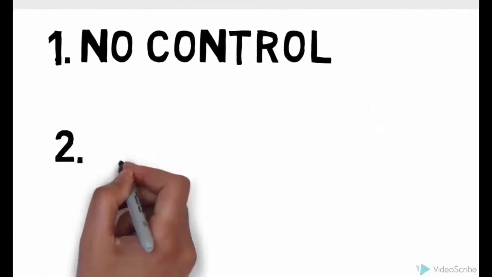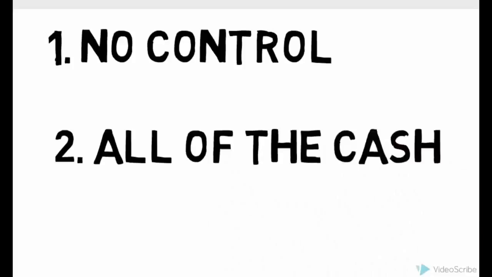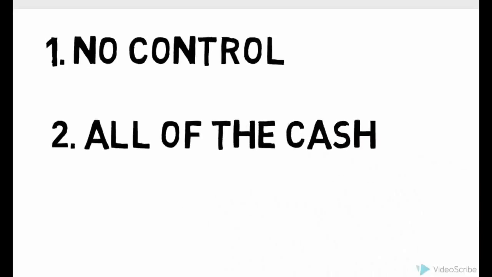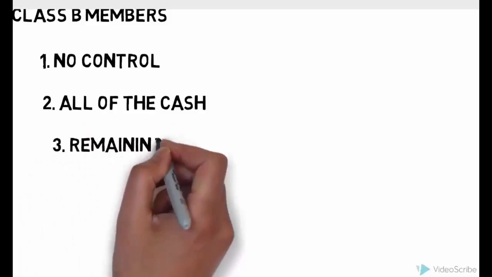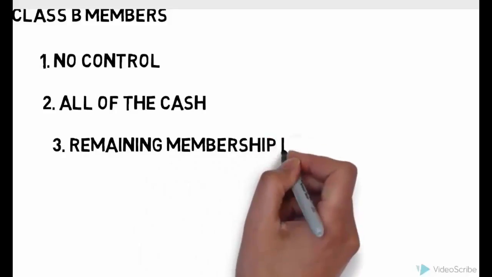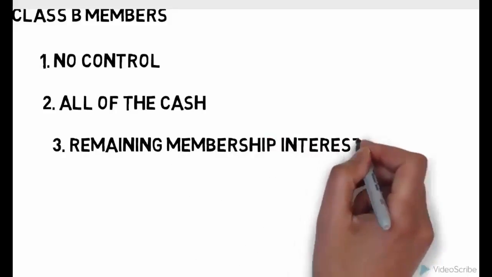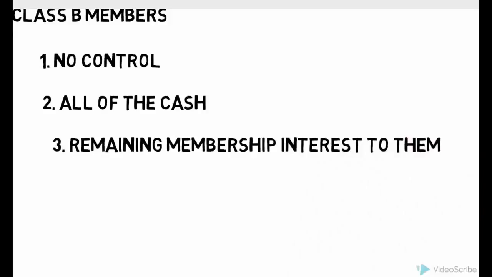They bring all the cash to the table. So if you need $1 million, Class A brings no cash, Class B brings $1 million of cash. And for that, they get the remaining membership interest in the deal. So if, for instance, the deal was 50-50, you own the 50% membership interest, if you can see this on the board, and the remaining 50% comes to these people for putting in $1 million.